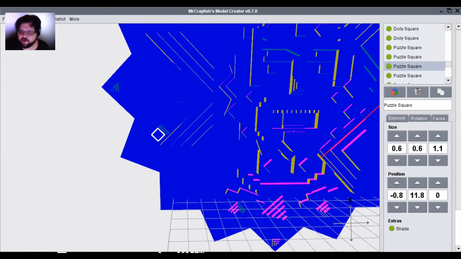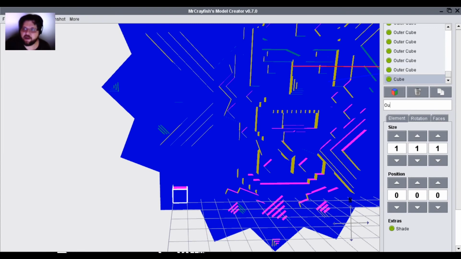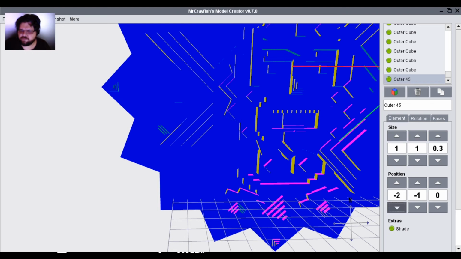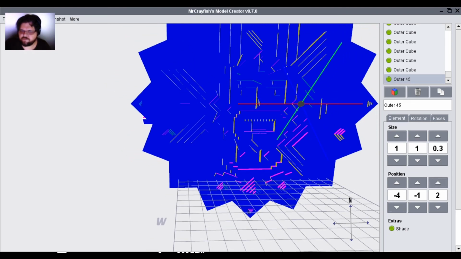Now for the 45-degree angle. Outer 45. 0.3, 0.4, 0.5. So 0.3. Oh, oops.